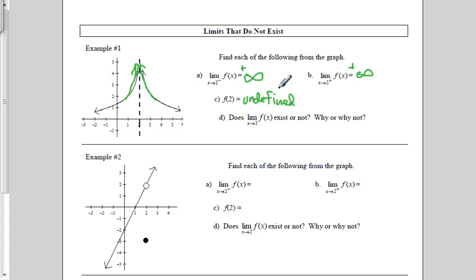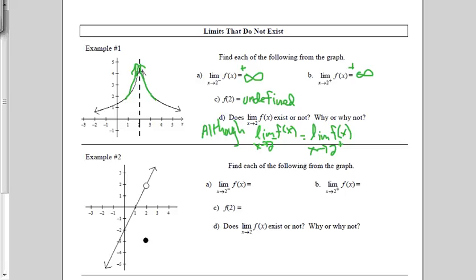Since it's undefined, let me write this out. Although the limit of the function as x approaches 2 from the left equals the limit of the function as x approaches 2 from the right, the limit of the function as x approaches 2 does not exist because the limit as x approaches 2 is not a real number.